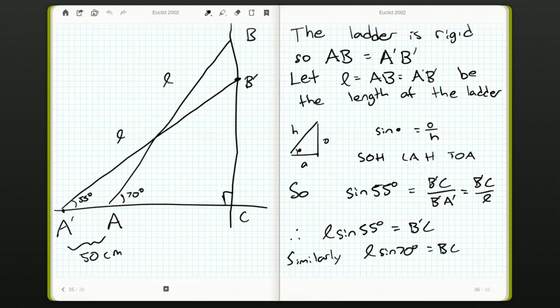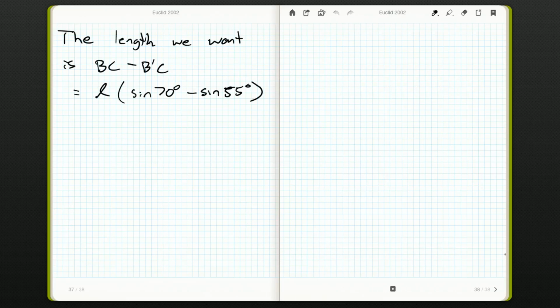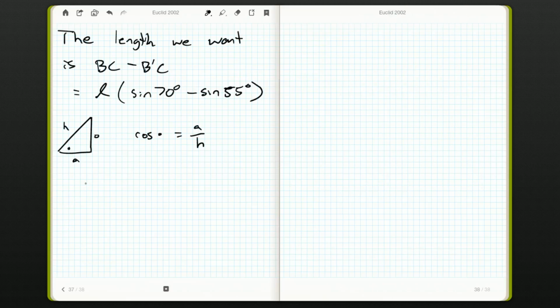AC is going to be L cos 70, because it's adjacent to the angle over the hypotenuse. So once again, if I have a right angle triangle, cos of my angle is the adjacent over hypotenuse. And so that means that AC is going to be L cos 70 degrees.